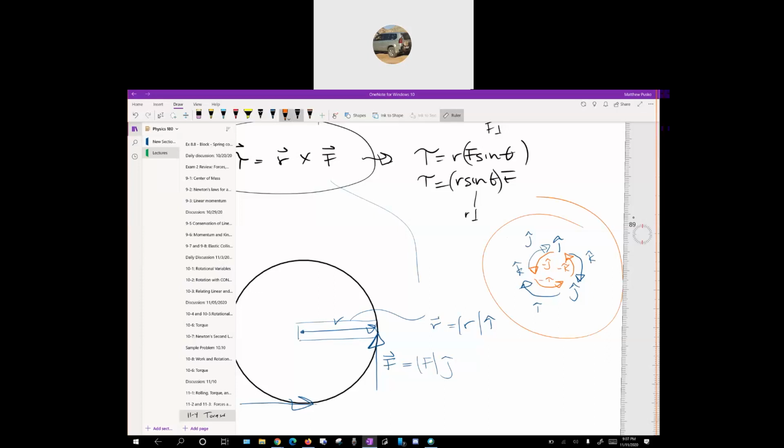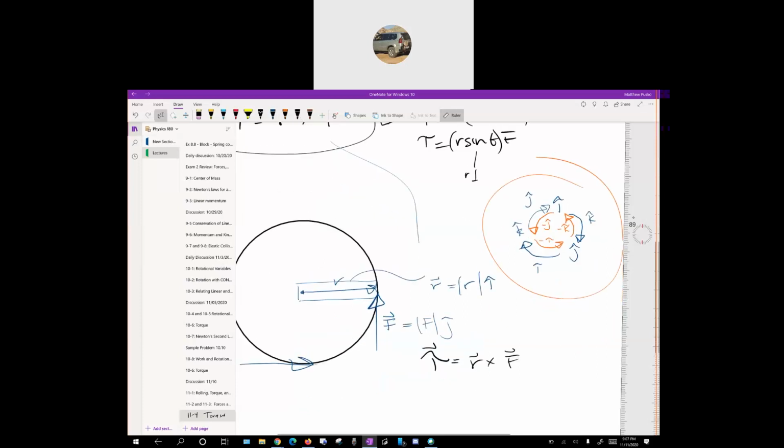So let's take a look. What's the torque then? The vector quantity of this. That would be R crossed into F. And now we can just do a simple cross product of R, which was R in the i direction, crossed into F in the j direction.